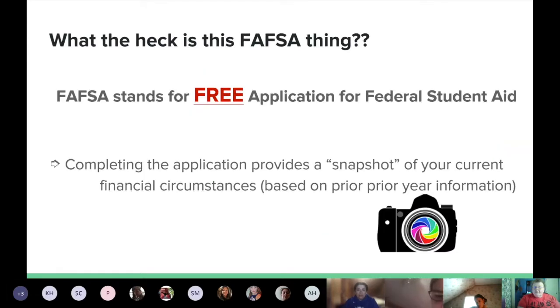What the heck is this FAFSA thing? FAFSA stands for Free Application for Federal Student Aid. Completing the application provides a snapshot of your current financial circumstances based on prior year information. This is a fancy way, and this is how the government looks at it.